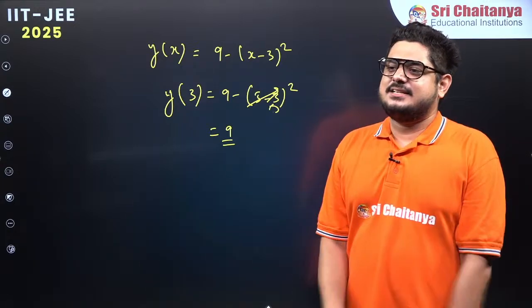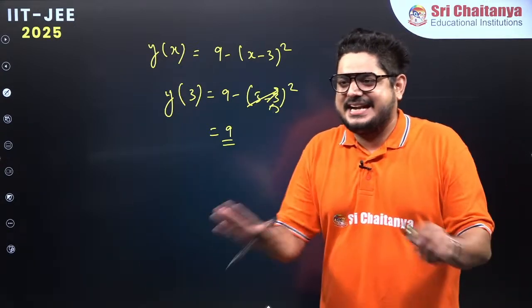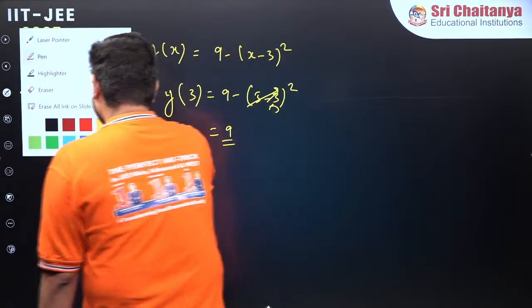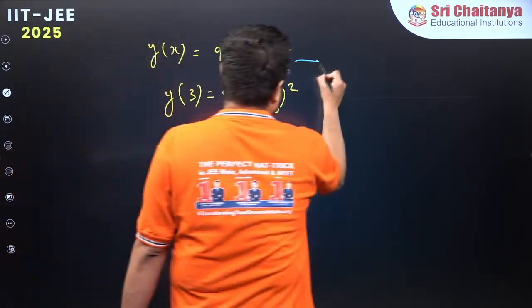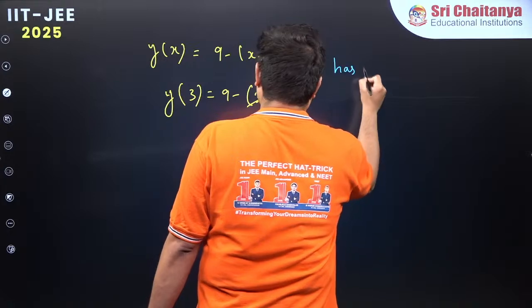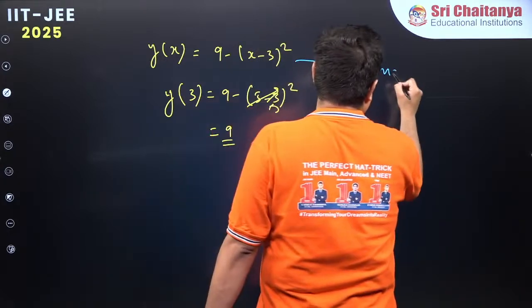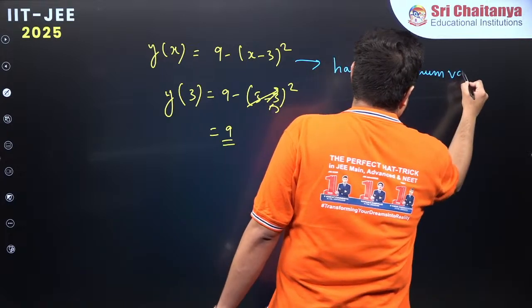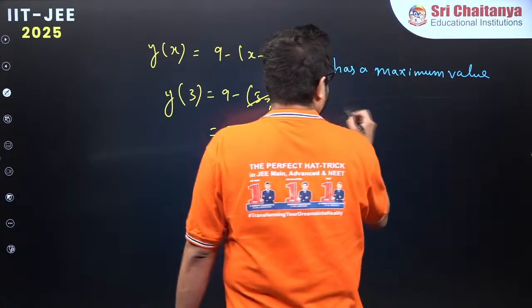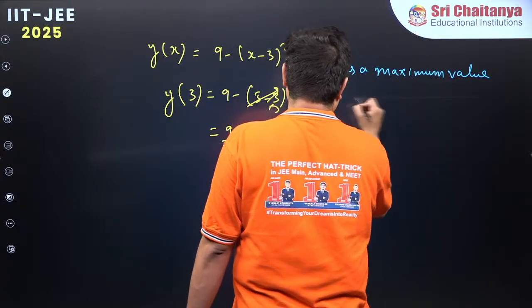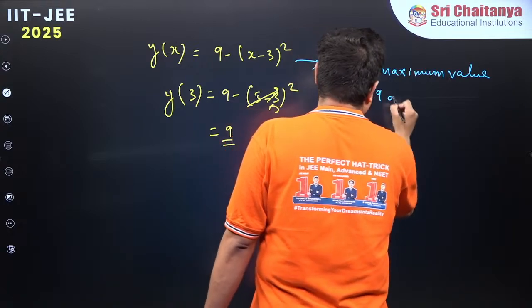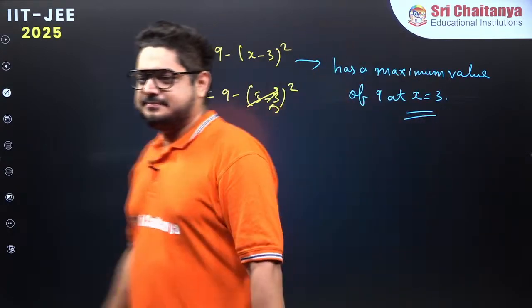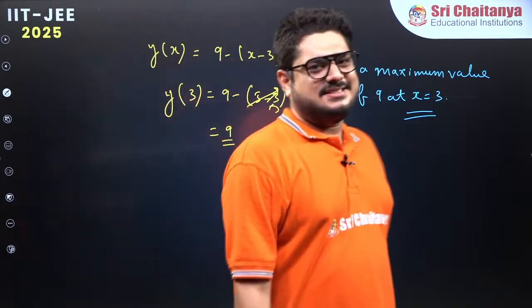If yes, now write down the statement. That means I can say over here that this function has a maximum value of 9 at x is equals to 3. Isn't it?